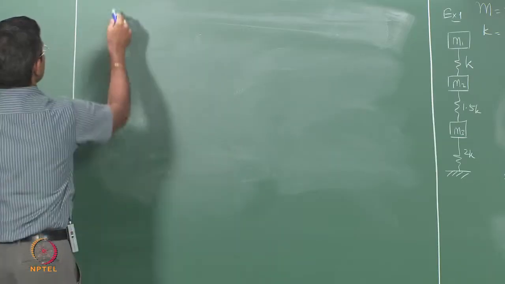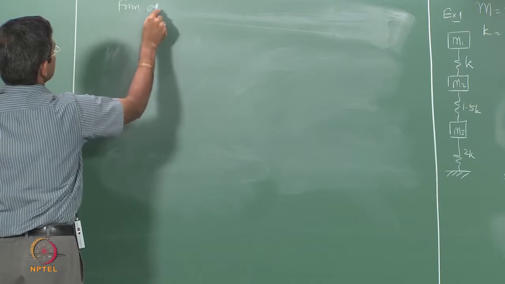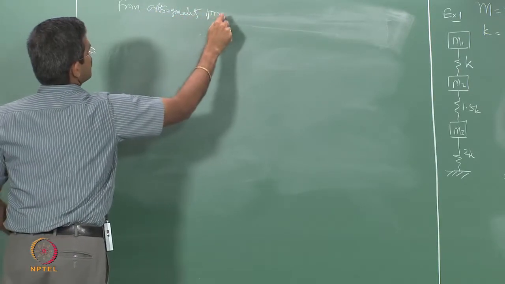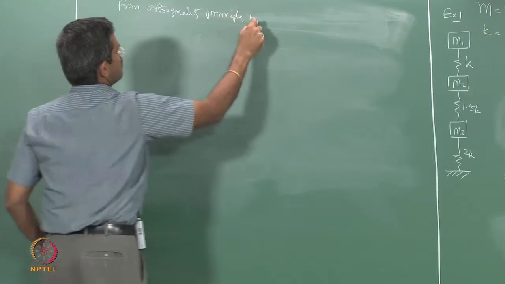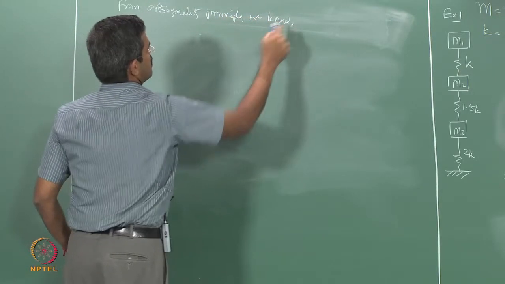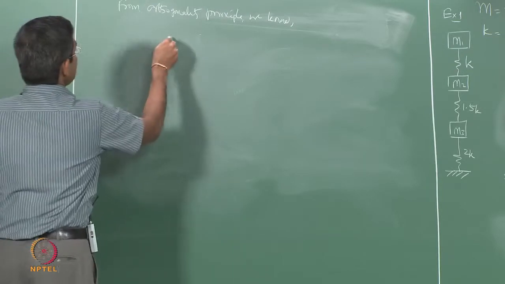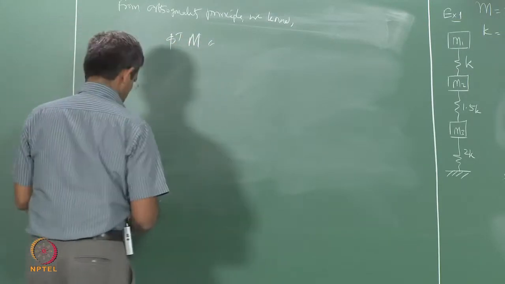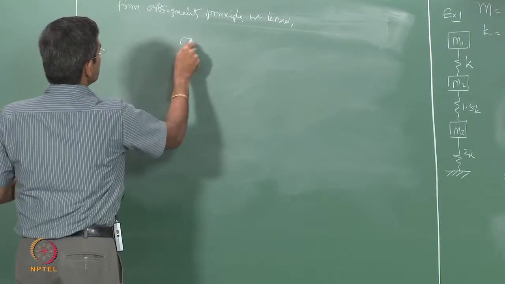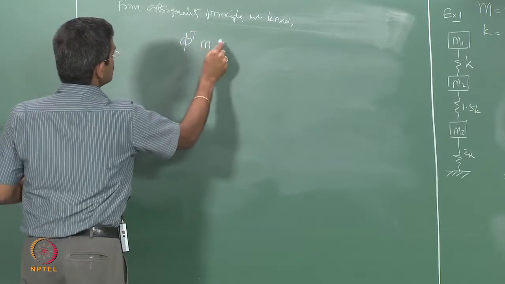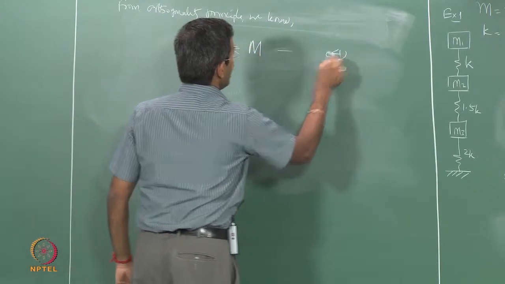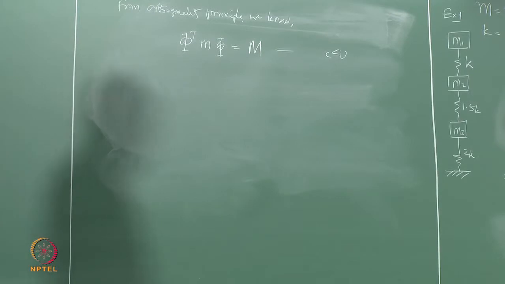From the orthogonality principle, we know phi transpose m phi is M. Equation 4, phi transpose m phi is capital M, fine.